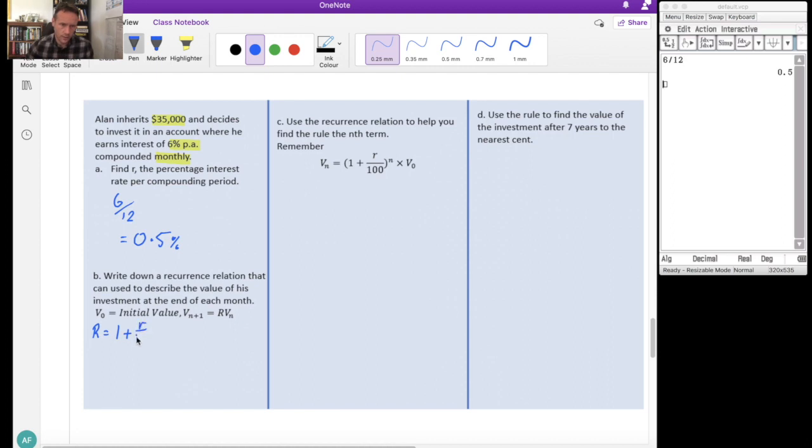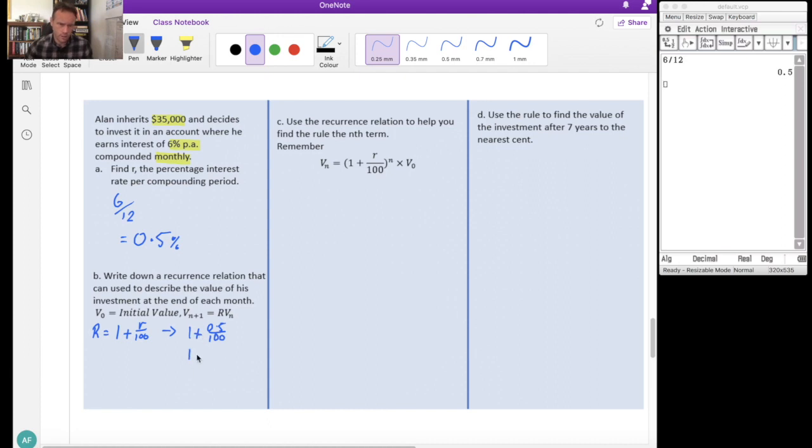r over 100. All right, so for Alan now, he has 1 plus 0.5 over 100, and the plus is there because now we're increasing the money. In other cases, like reducing balance depreciation, we've had a negative here, but here we've got a positive.